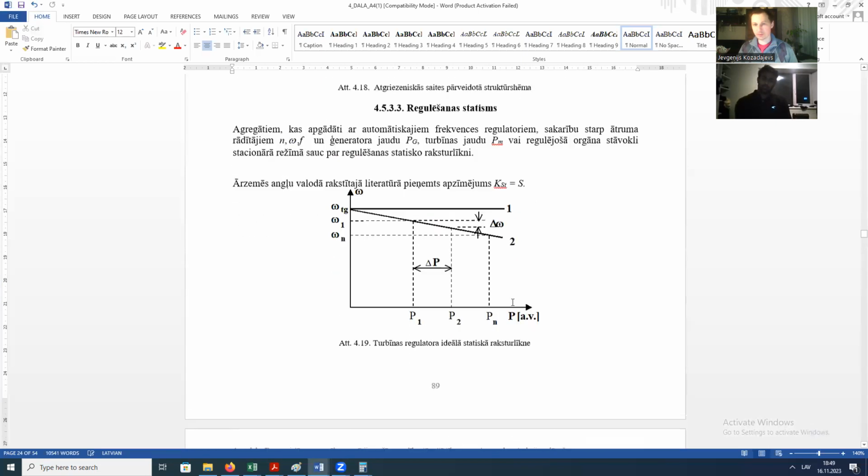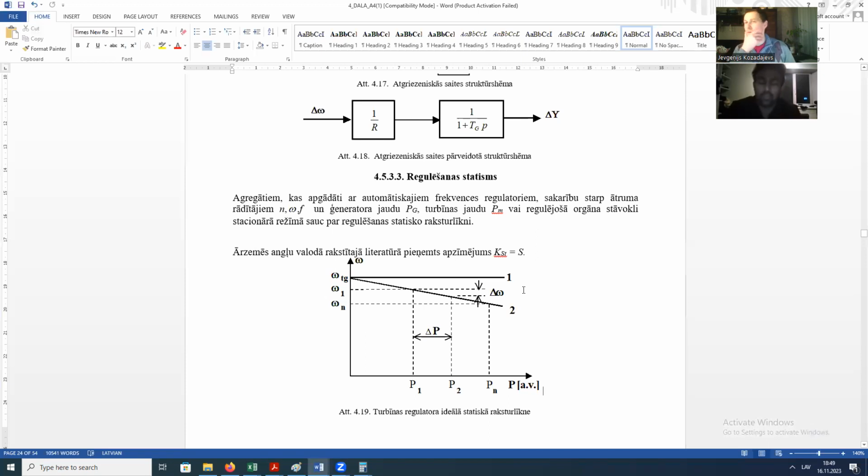Why is this important? Because in this case, we could understand what is the possibility of each generator to react in a case of frequency fluctuation. For example, it is normal that we keep a reserve of power of each generator to be possible to increase or decrease power. Of course, to decrease power is not a problem. The main problem is to increase power.